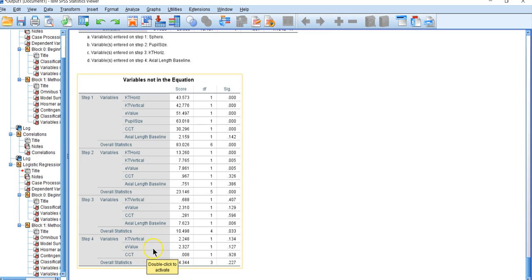We already established at step 0 that they were all important, and even after step 1, they're all important. So it's a little confusing, and one effect is that it's very sample dependent. If we had done this study again, there could very well be different winners and losers. E-value may go in instead of KT vertical or something, who knows.